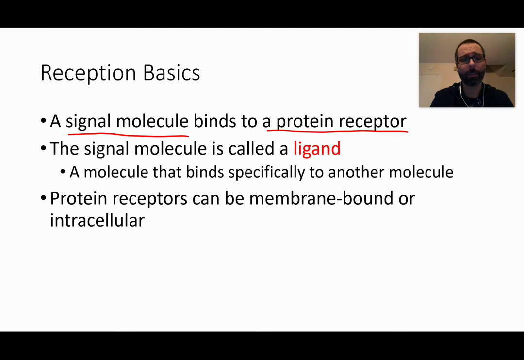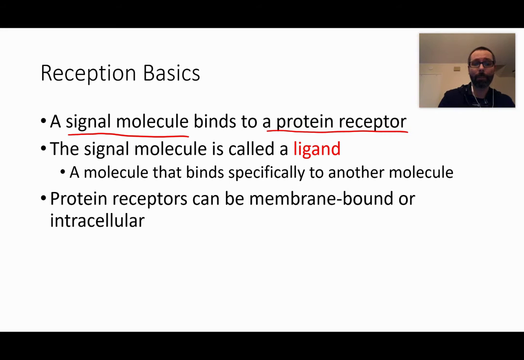Ligand is a generic term for any molecule, usually a smaller molecule, that binds specifically to another molecule. This is kind of like the idea of a substrate that binds to an enzyme. It's very, very similar, except that the proteins that we're talking about aren't technically enzymes in that sense. And so in this case, we end up calling it a ligand rather than a substrate.